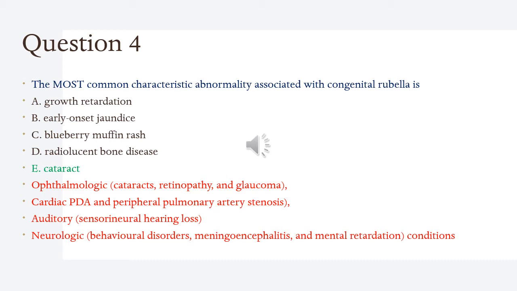With congenital rubella, the ophthalmological signs can be cataract, retinopathy, glaucoma; cardiac-wise, PDA, peripheral pulmonary artery stenosis; sensorineural hearing loss, but still the most common cause of sensorineural hearing loss is cytomegalovirus. Also neurological: meningoencephalitis, mental retardation, and behavioral disorder later on.